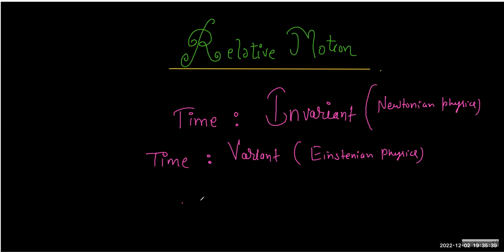So that was the motivation behind learning relative motion, because time is invariant. Now, the same is not true in the world of Einstein's physics. There is something called the theory of relativity. With the advent of the theory of relativity, time has become variant, but that variation of time in terms of calculation can never affect our day-to-day life activities.